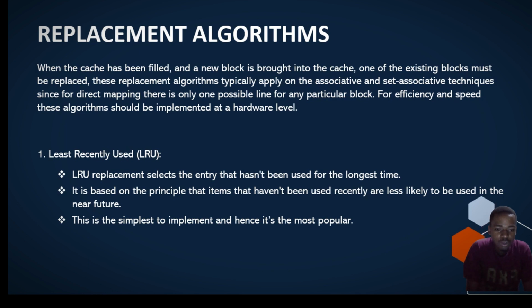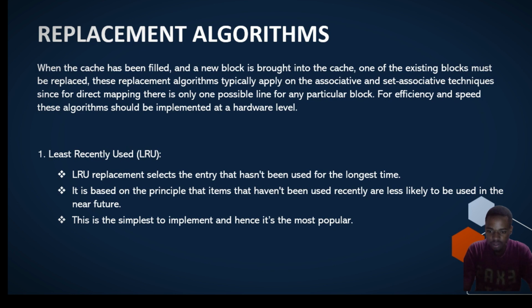So we also have the three most commonly used: least recently used, first in, first out, and least frequently used. So how does least recently used work? Least recently used replacement selects the entry that hasn't been used for the longest time.